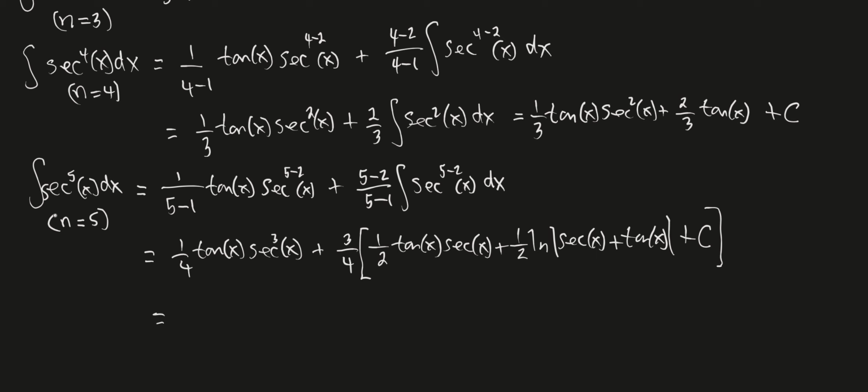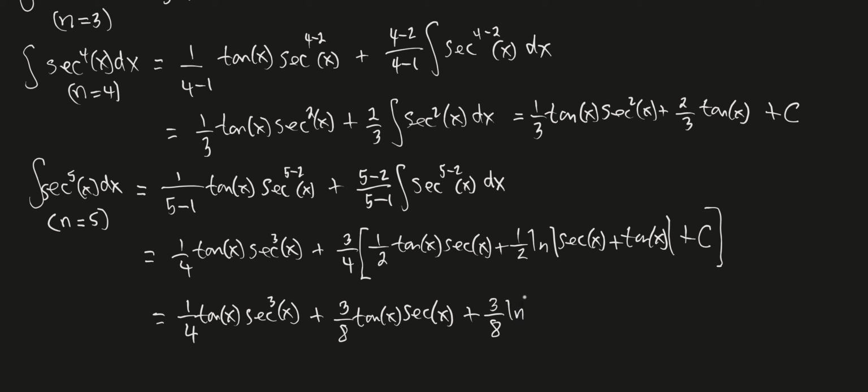So here's the antiderivative of secant to the fifth power. We have 1/4 times the tangent of x secant cubed, and now plus, distribute the 3/4, we'll have 3/8 times the tangent of x times the secant of x, and again distribute the 3/4, we get another 3/8 times the natural log of the absolute value of secant x plus tangent x, and then close the absolute value.